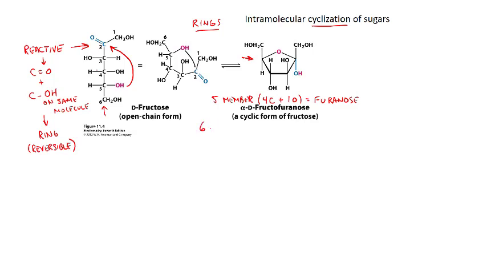The alternative would be a 6-membered ring, which has 5 carbons and 1 oxygen, and that's called a pyranose. And notice something. The oxygen that was part of the OH ends up as part of the ring. The oxygen that was part of the carbonyl ends up as an OH, and it's always on the outside of the ring.